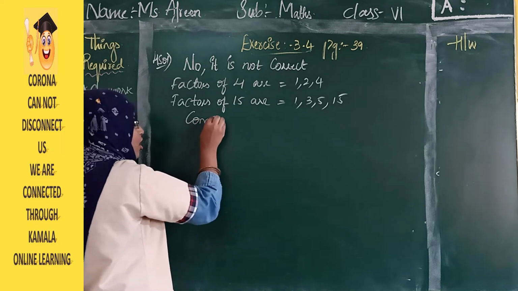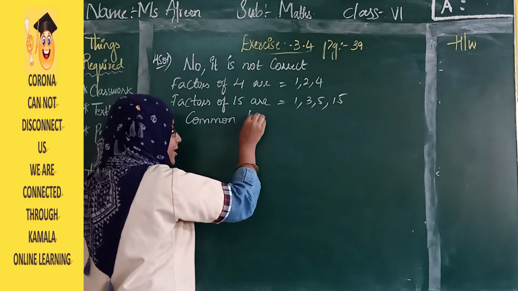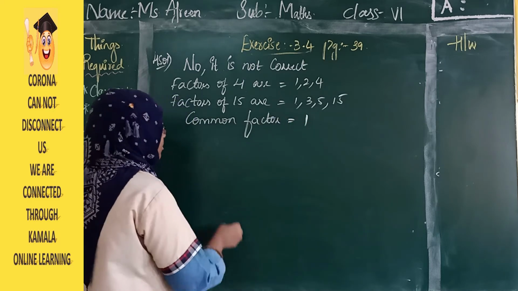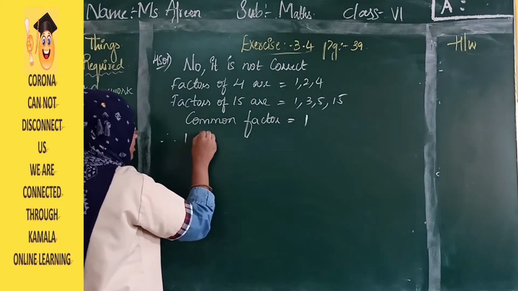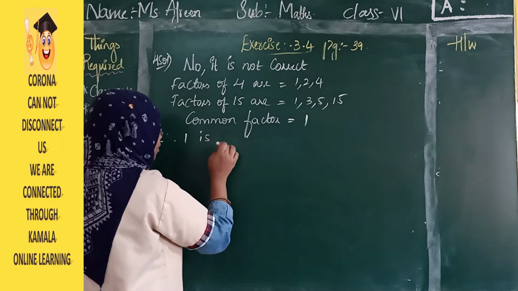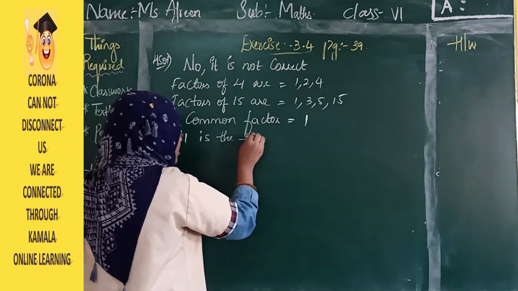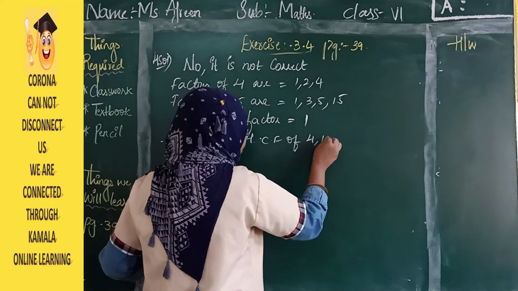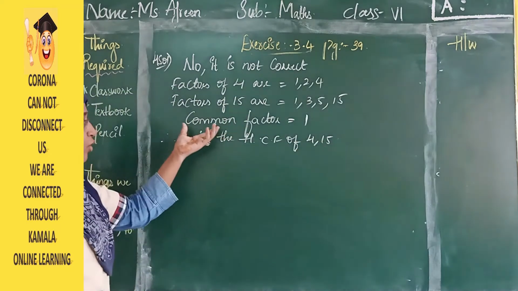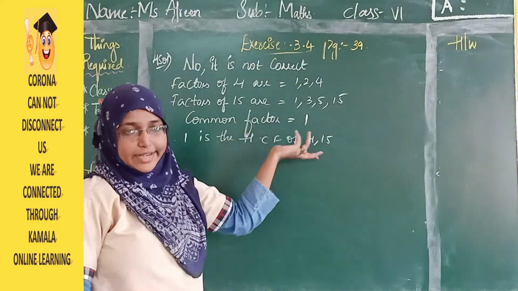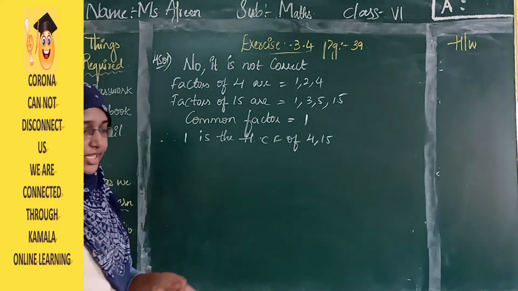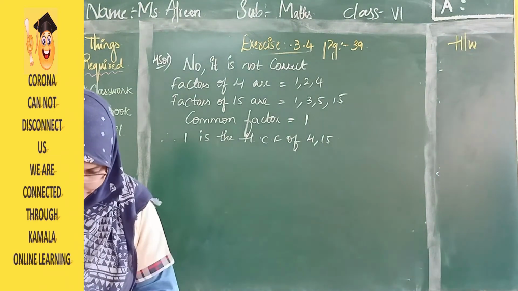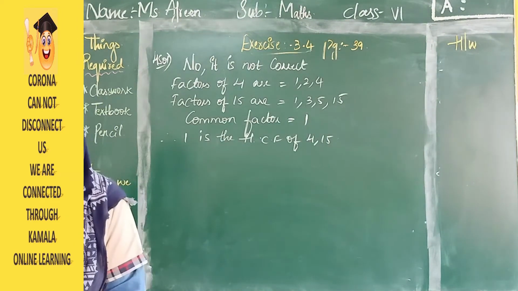The common factor is 1. Therefore, 1 is the HCF of 4 and 15, because there is no other number to choose as the greatest. Only one number is there, so 1 is the HCF of 4 and 15. I hope it is clear. And the last one.